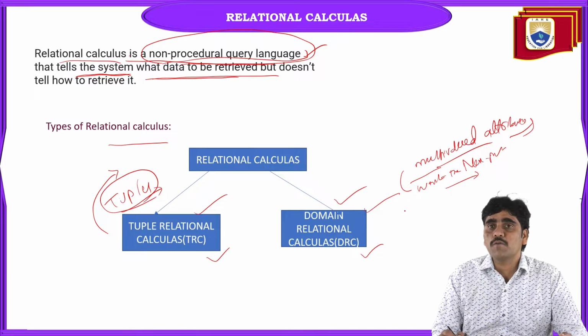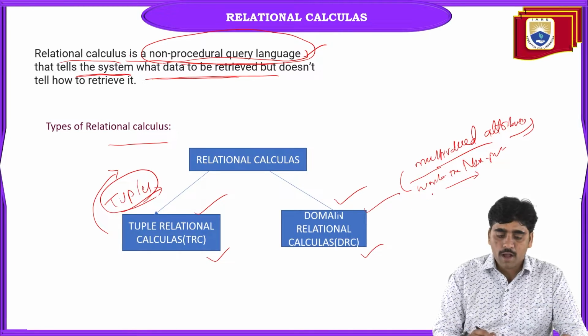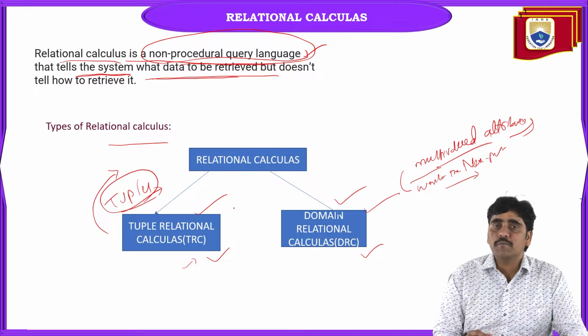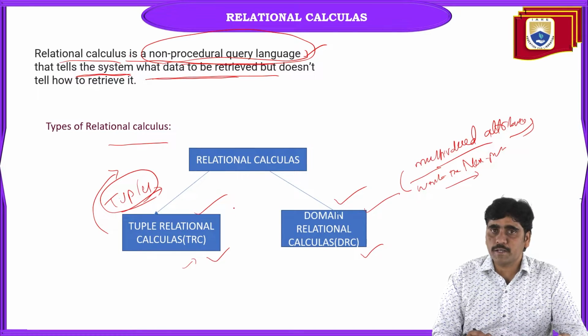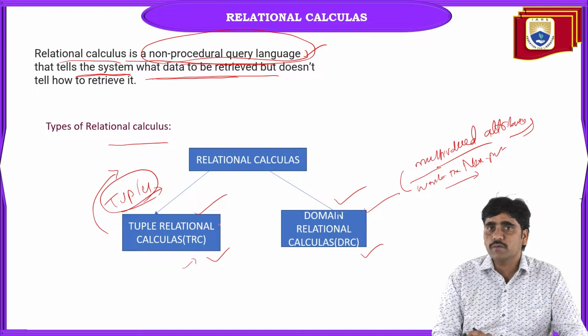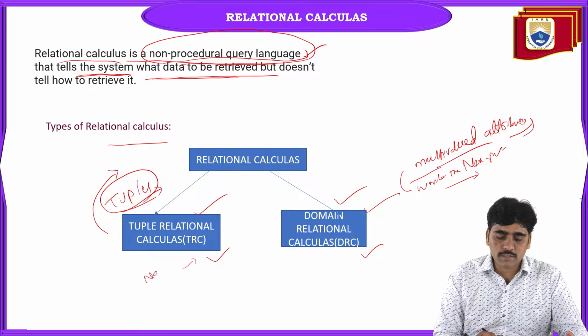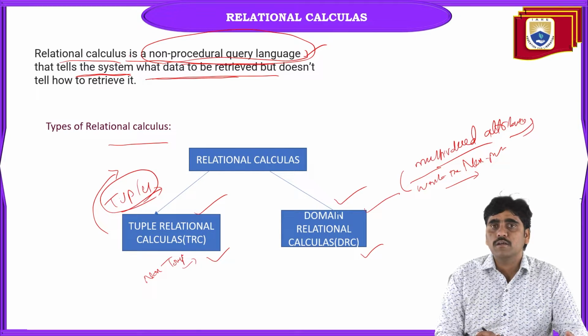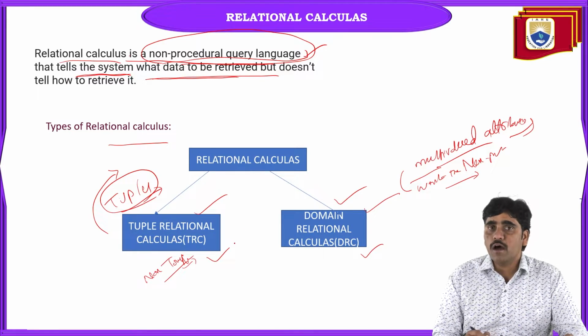That is domain relational calculus. And based on the tuples, the single-valued attributes, you are going to write the non-procedural query, so it is called tuple relational calculus.